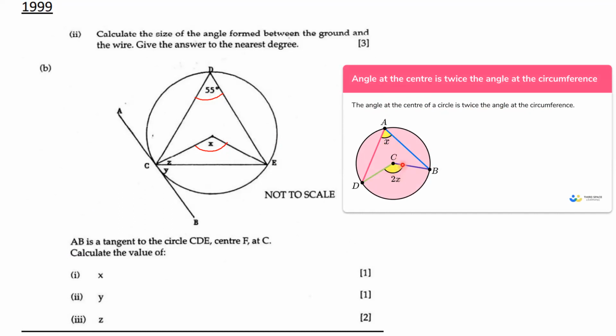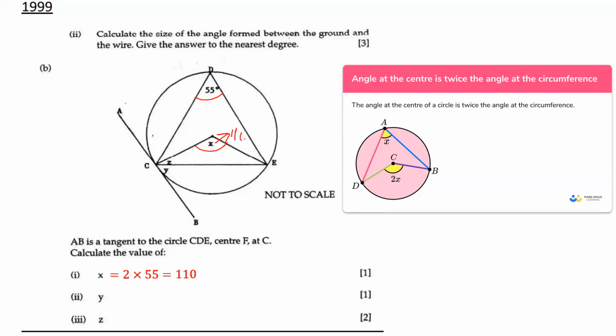Every time, the angle at the center is twice the angle at the circumference. So if we know that the angle at the circumference is 55, that means that the angle at the center is going to be 2 times 55, and 2 times 55 is definitely 110. So that means that X equals 110. So here we have 110 for X.